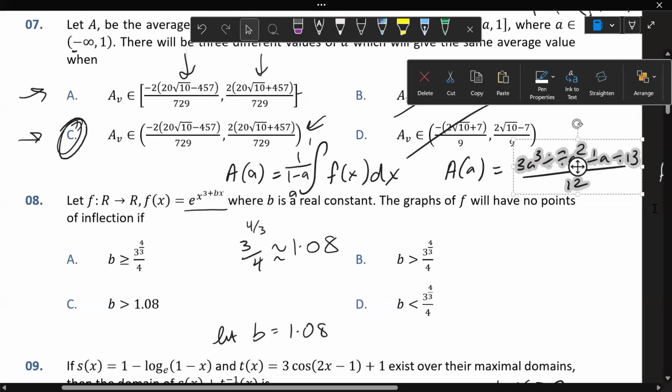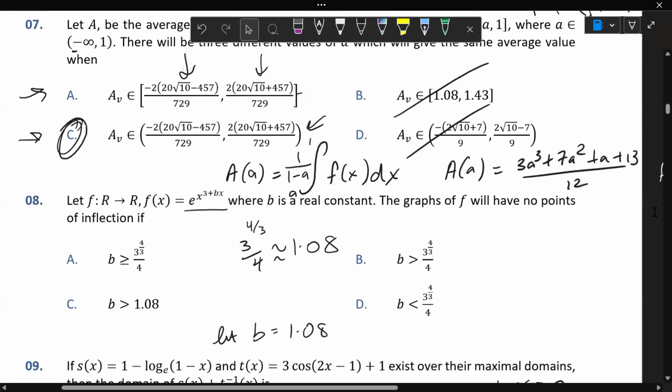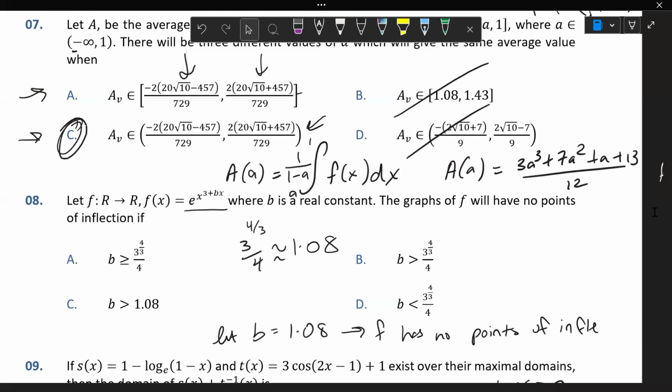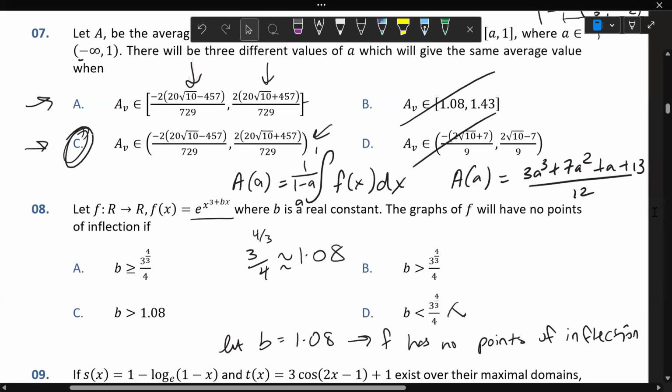So when you let b equal 1.08, you'll find that the function has no points. So that means this one, and this one are all rejected because they don't include b equals 1.08.